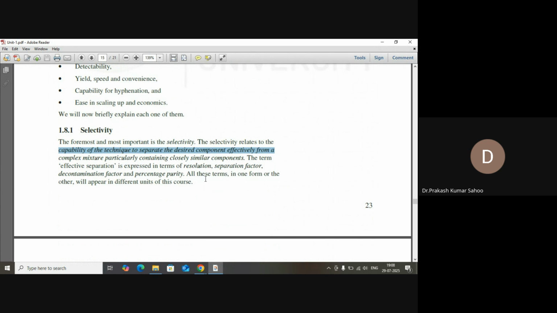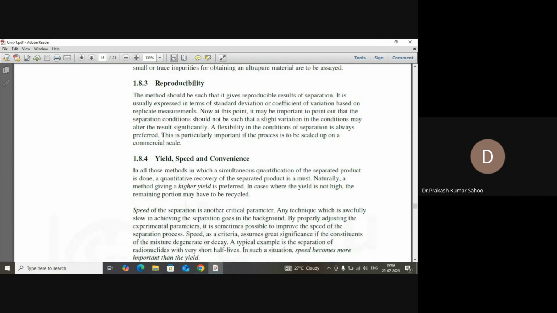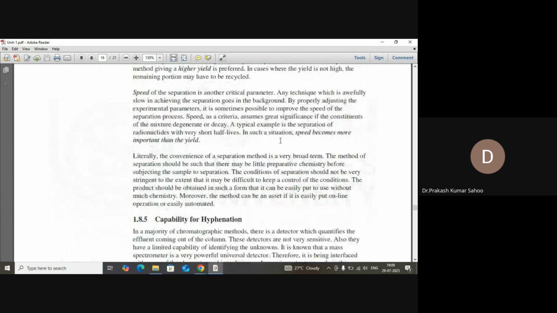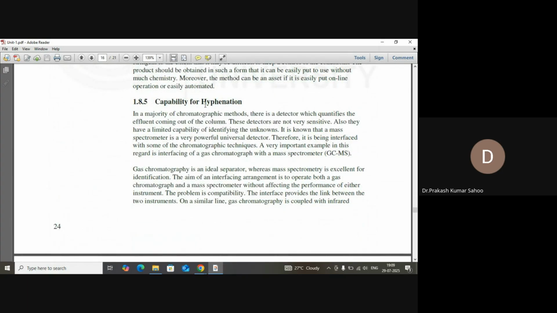So, to separate the desired component effectively, selectivity is one of the very important criteria. Then detectability, reproducibility, that means it produces the same result again and again. So keeping in mind these properties, you may choose different separation techniques according to your requirement. And what is hyphenation?